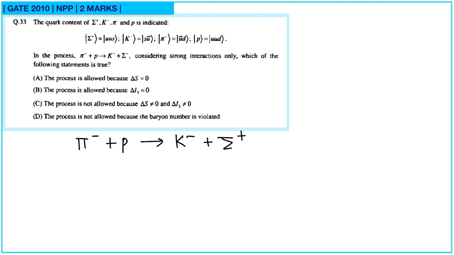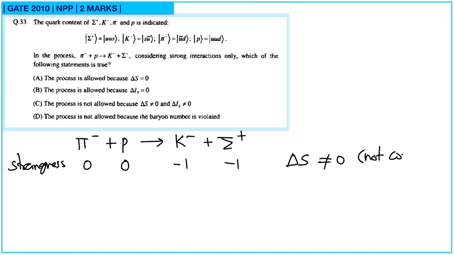S is strangeness number and isospin is considered. So let us calculate. For strangeness, this is not a strange particle, so 0, and here minus 1 and plus 1. So that means delta S is not equal to 0, so strangeness number is not conserved.